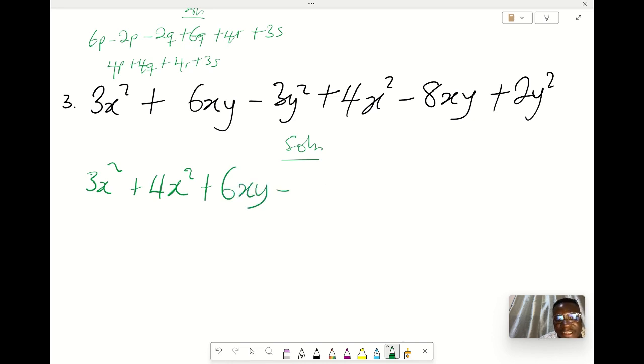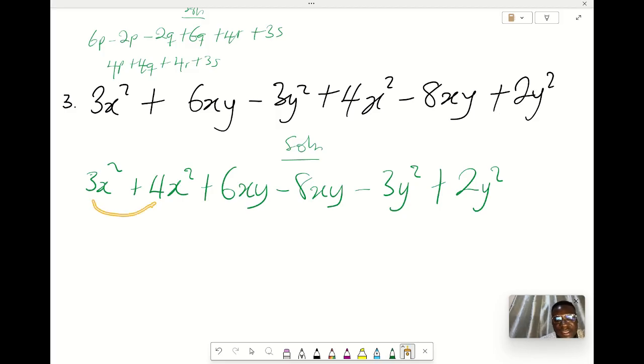It is also a like term to negative 8xy. Then we have minus 3y squared plus 2y squared. Now, like we did before, 3 plus 4, 6 minus 8, negative 3 plus 2. That is what we are going to do. So you see that 3 plus 4 is 7.